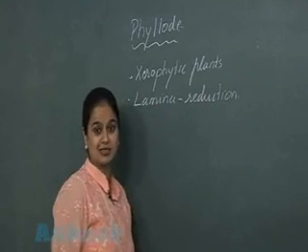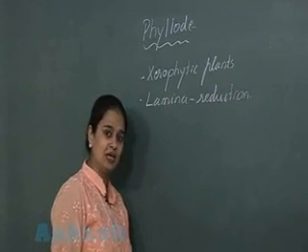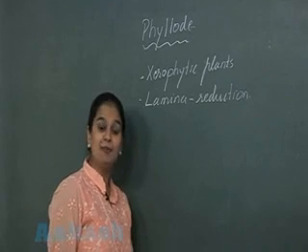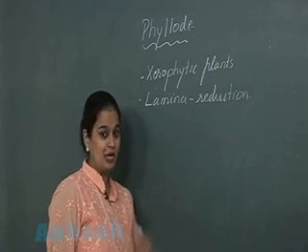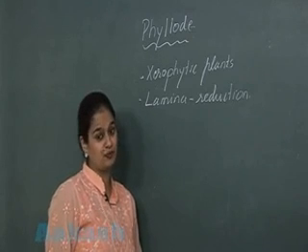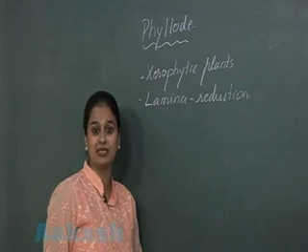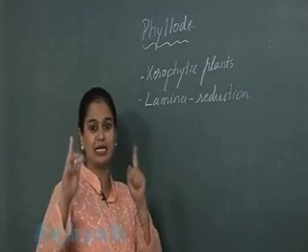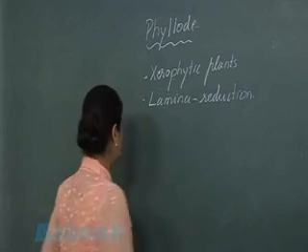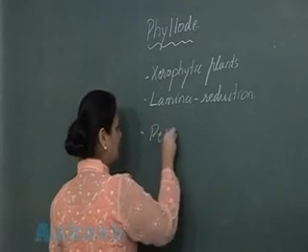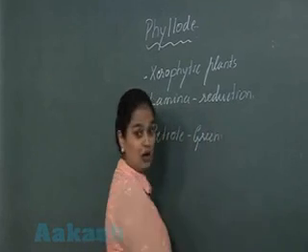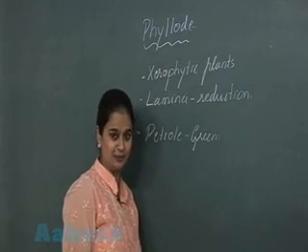Now, as I have discussed previously in this lecture, the lamina is also involved in photosynthesis. It is the main seat of photosynthesis. So when the lamina is reduced, the function of photosynthesis is taken up by the petiole, and this green petiole is known as phyllode. You got this? The petiole is green, involved in photosynthetic activity.